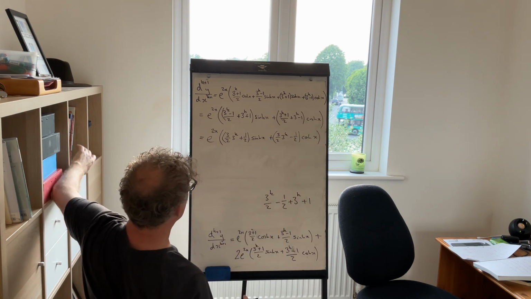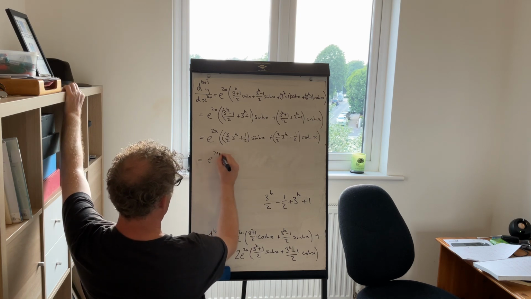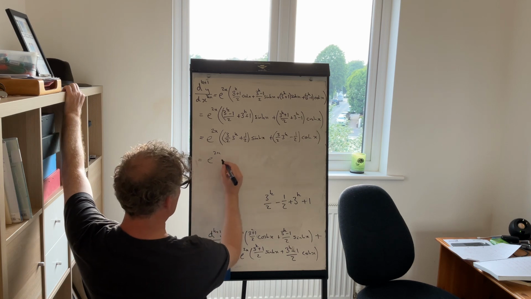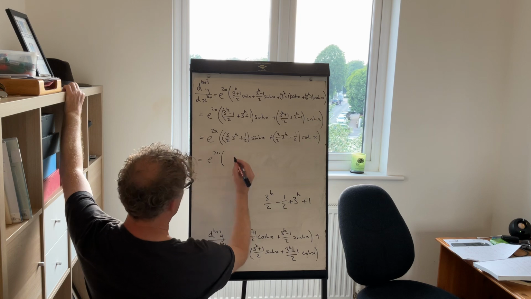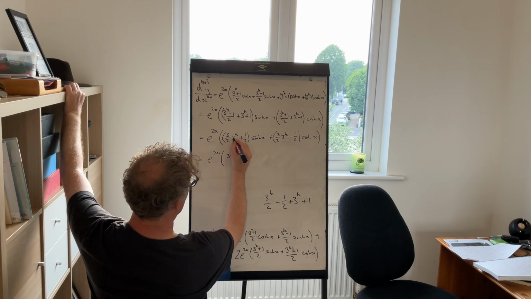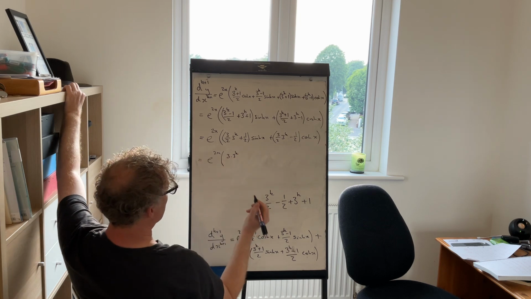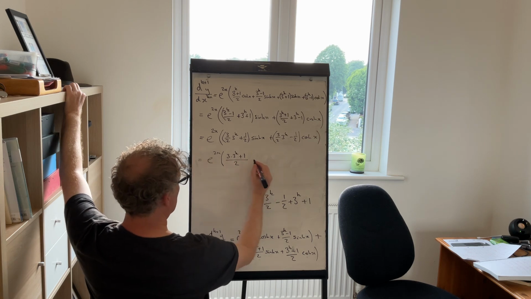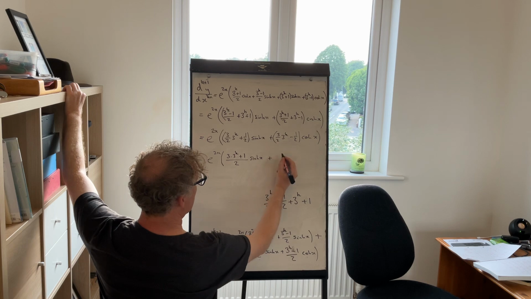Okay, so what can I do now? Well, 3 over 2 plus a half, so isn't that, I'm taking perhaps even more steps than I need here, but I'll do this. 3 times 3 to the k plus 1, all over 2, lots of sinh x. And then over here I'm going to do exactly the same.